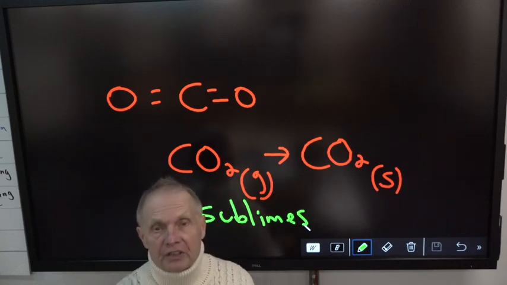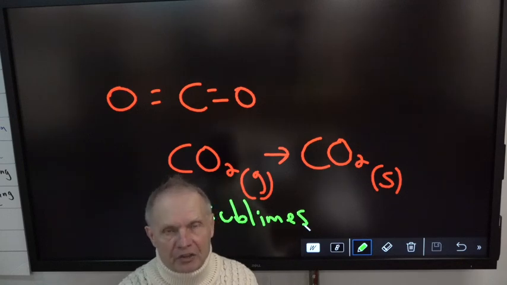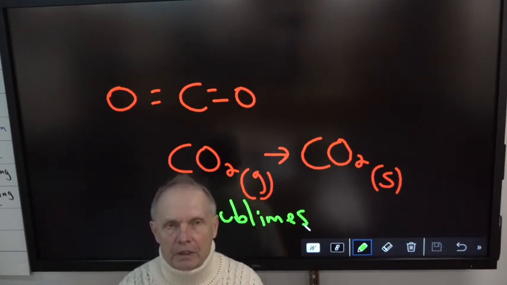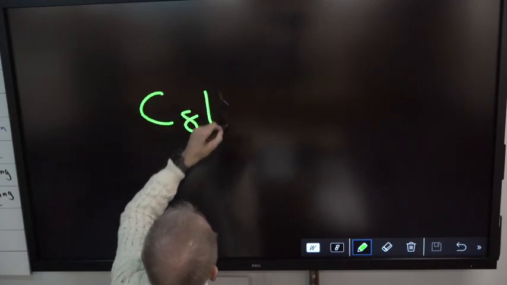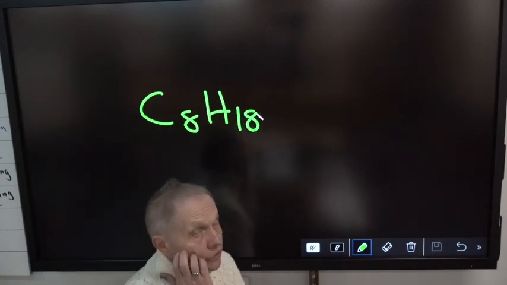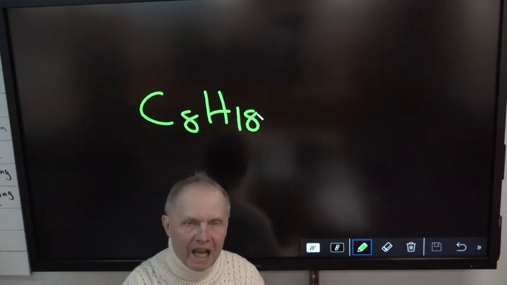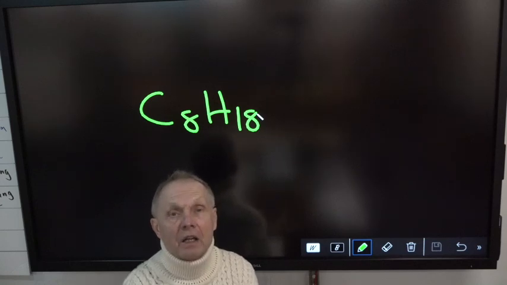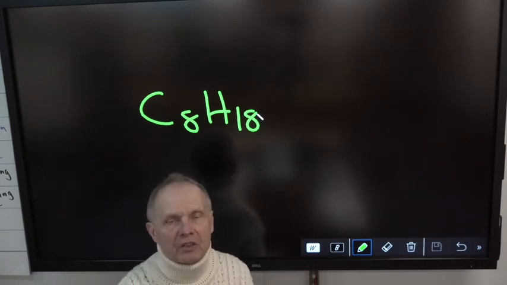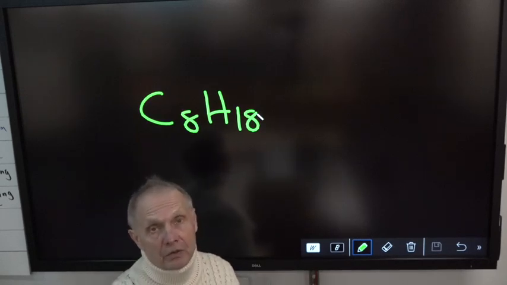So in other words, it's got a really high vapor pressure. Think about gasoline. Gasoline is a liquid, and gasoline is this, C8H18. So it's pretty heavy. It's a liquid, but it doesn't want to stay together. So if you don't put a lid on a gasoline tank, it will evaporate because the bond is so weak holding the C8H18 molecules together.